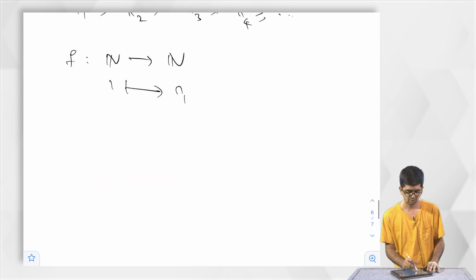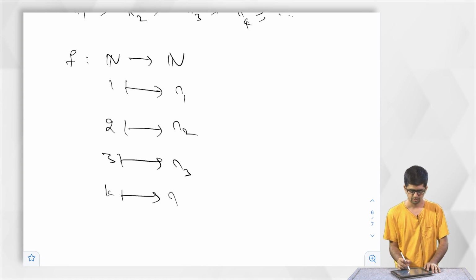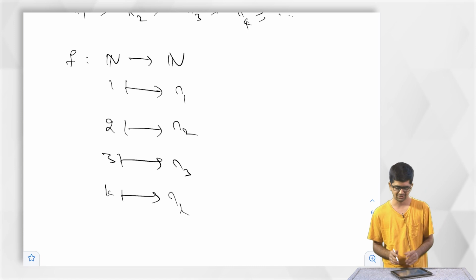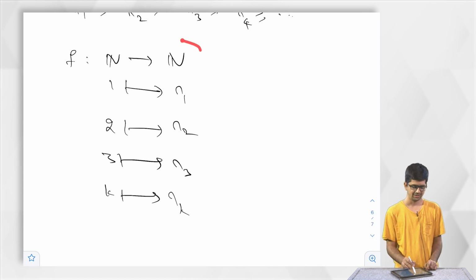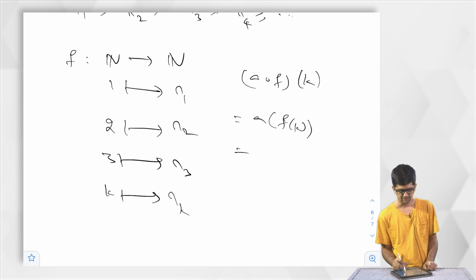Now, where should I map 2? 2 is mapped to n2, 3 is mapped to n3, k is mapped to nk. You do this forever, you get a map from N to N such that A composed with f of an element k is A of f of k, that is equal to A of nk.